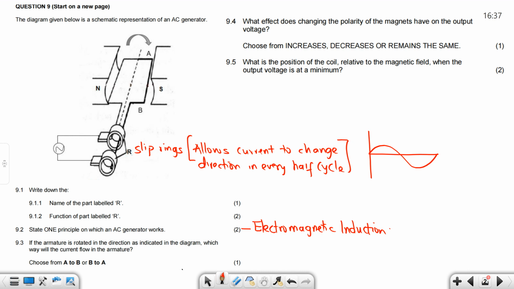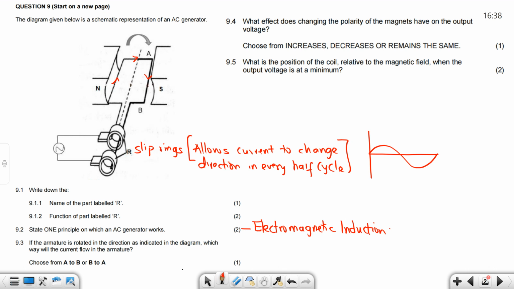Now, if I were to do that, it means my second finger would actually be pointing in at this point. So you're pointing to the south. Your thumb is pointing up. Your second finger would be going in from the north side. So current would be going this way.